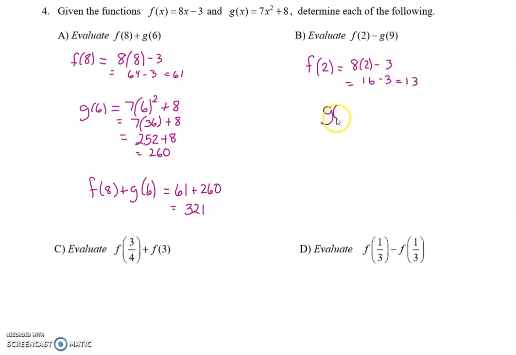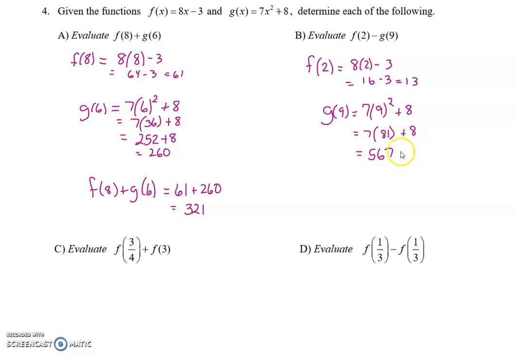g of 9, now we're going to use, once again, our quadratic equation. We're going to substitute 9 in for x. And we're going to use our order of operations, so we will once again square the 9 first. So that's 7 times 81. Okay? And then we're going to multiply 7 times 81, which is 567.